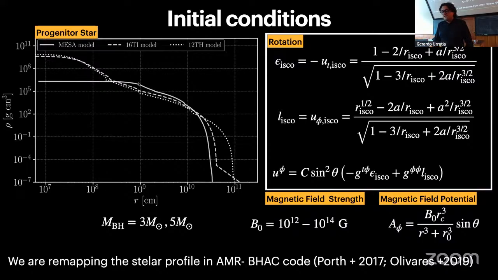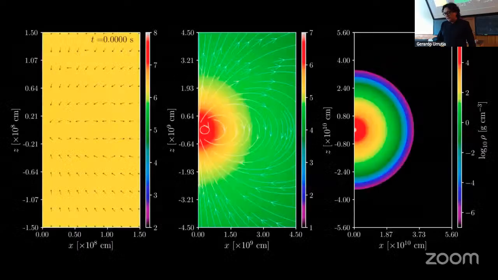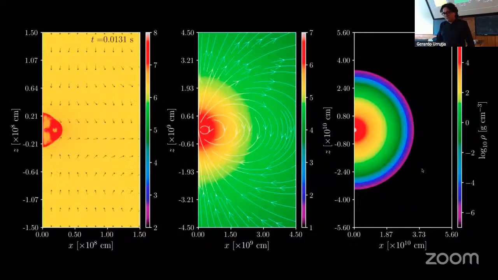We also use the typical models performed by Woosley and Heger, which are usually utilized in GRB simulations. We impose a simple rotation and different magnetic field strengths from 10^12 to 10^14 Gauss, with dipole geometry. For this study, we are performing 2D simulations, and in the future we are looking to explore 3D.